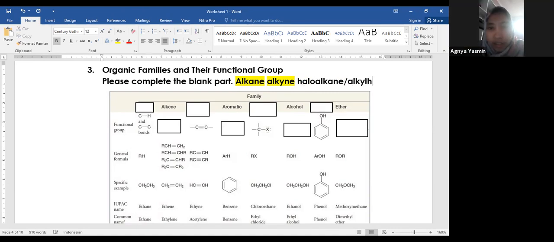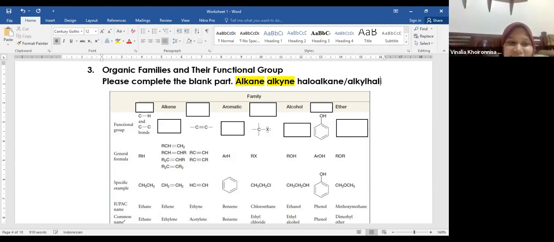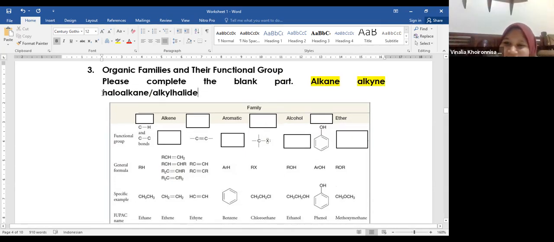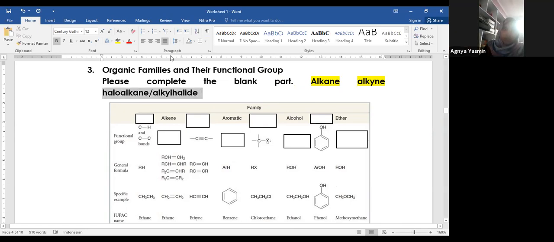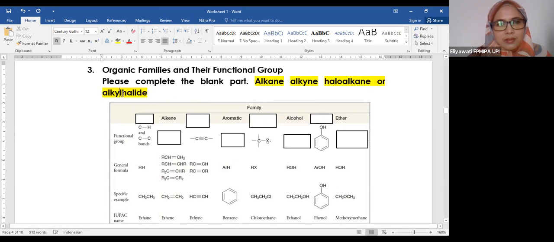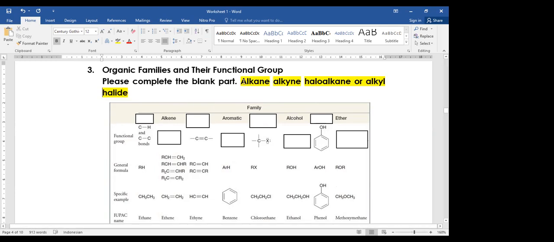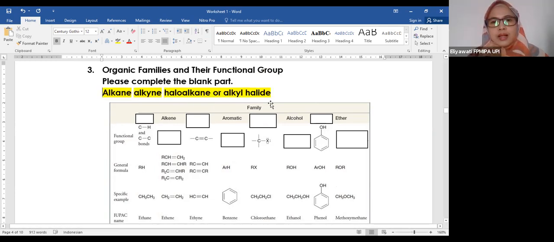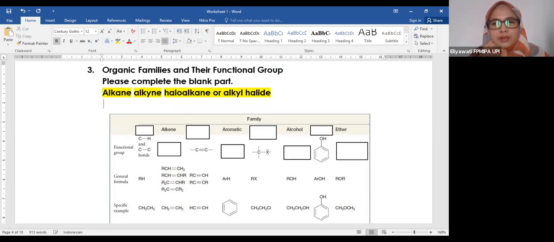Haloalkene or alkyl halide. Then next, alcohol. The functional group is OH.